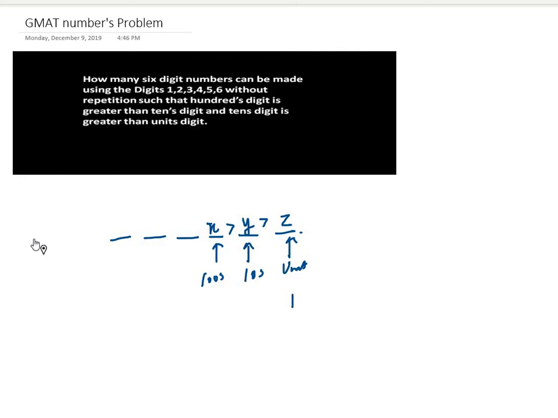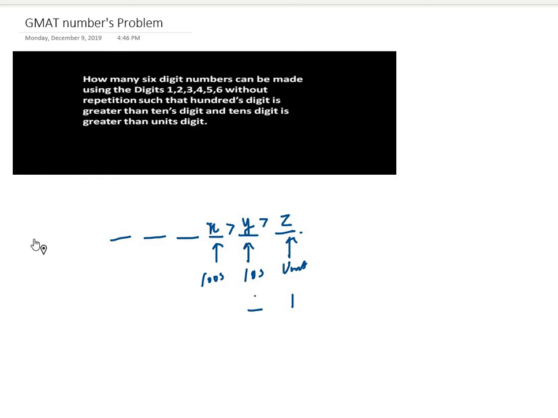If z is 1, then how many possible values of y can be there? So y can be 2 3 4 5 or 6, but it can't be 6. If it is 6, then there is no possibility for x.